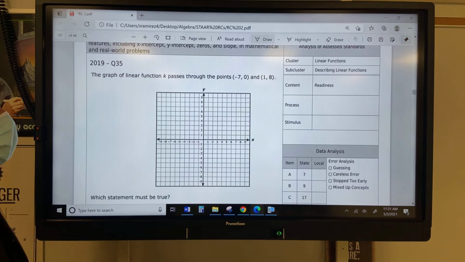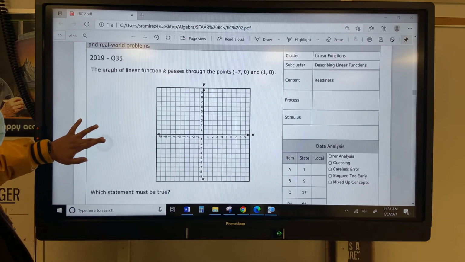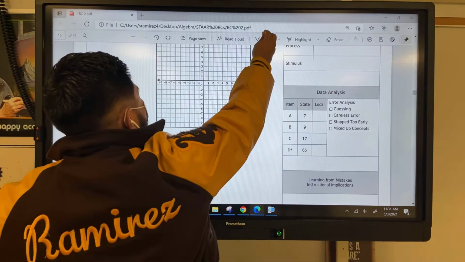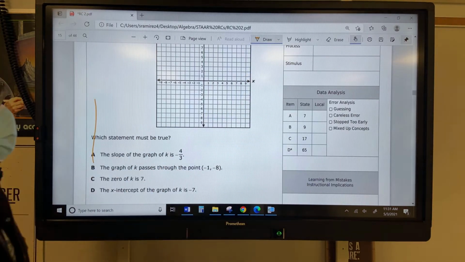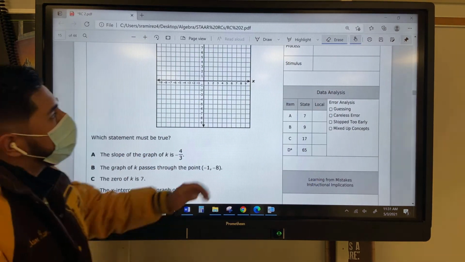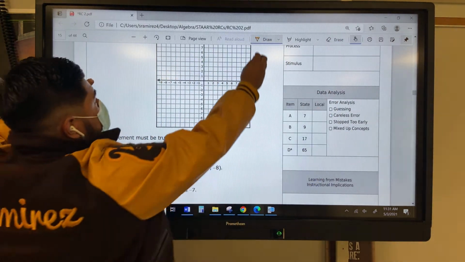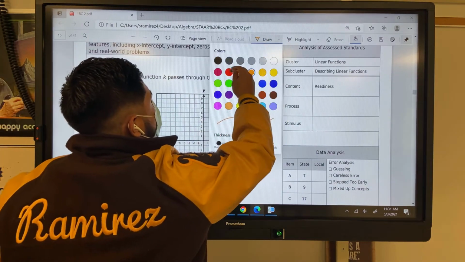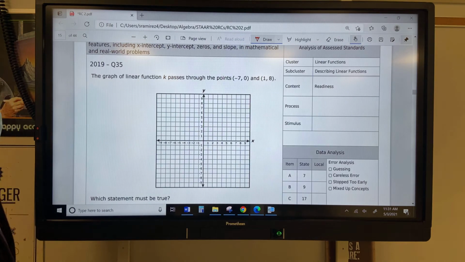Looking at the graph, k passes through these 2 points, so we're going to check out which statements are true. First we've got to label.